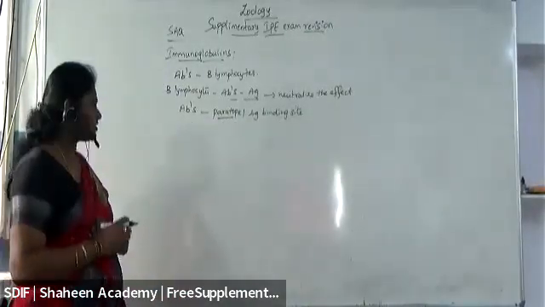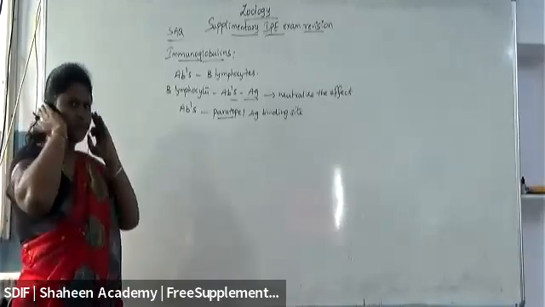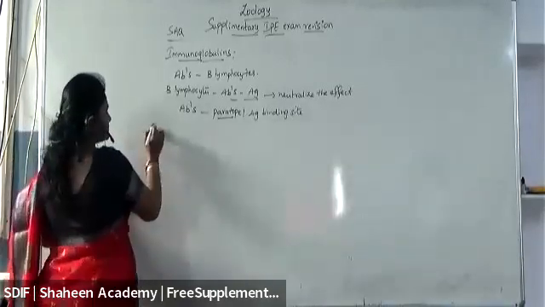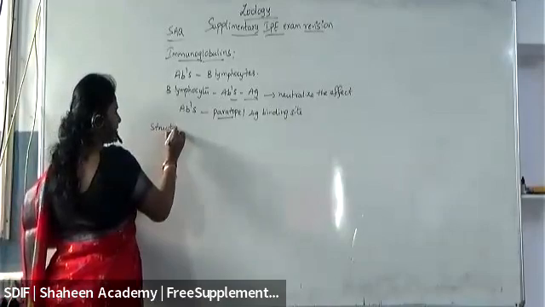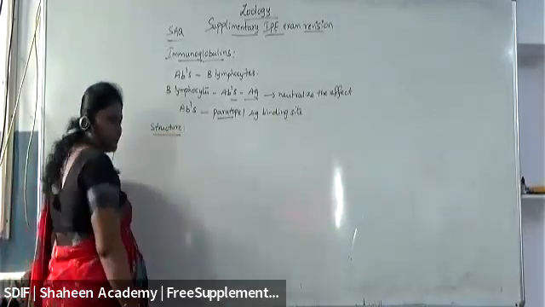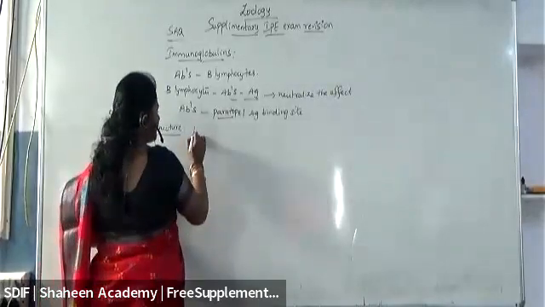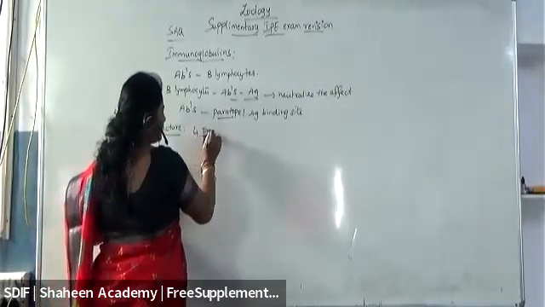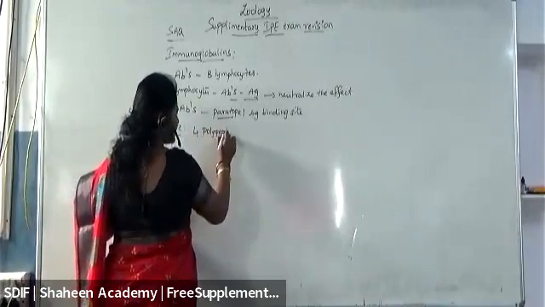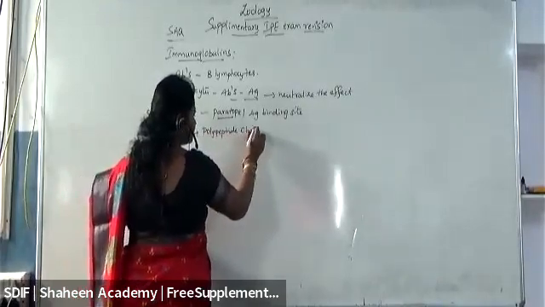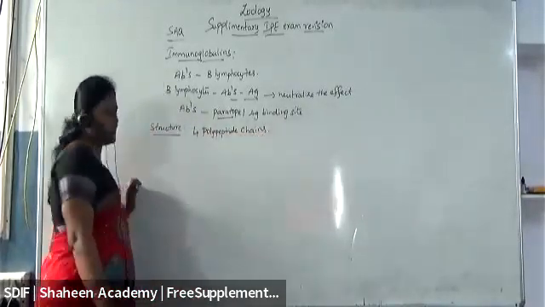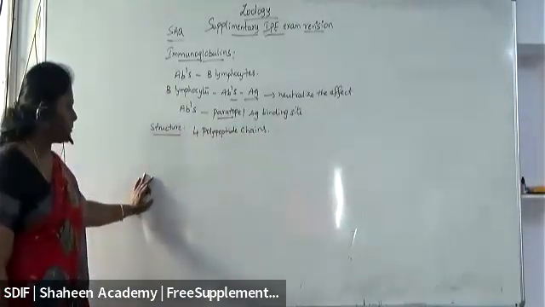Now let us see the structure of immunoglobulin so that you can understand. Immunoglobulins are nothing but proteins. Antibodies are nothing but proteins, so they are made up of polypeptide chains. Totally 4 polypeptide chains are there in an immunoglobulin.